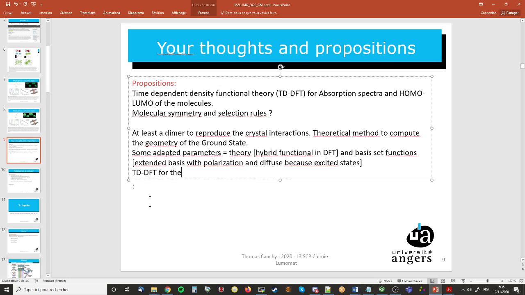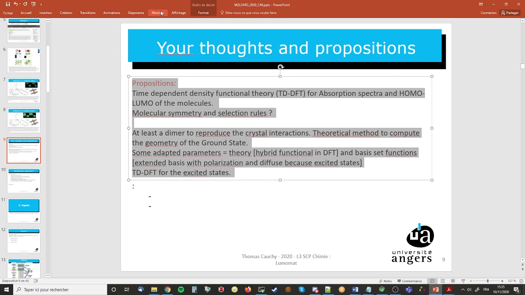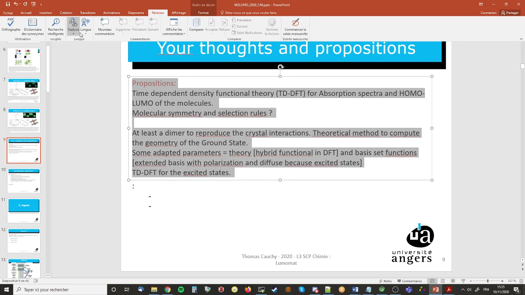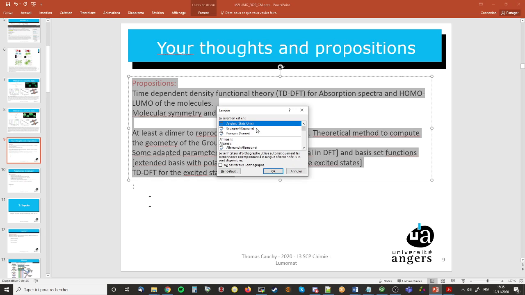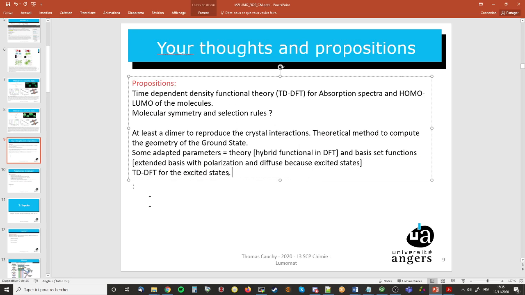Okay, and what do you have with the TD-DFT? It gives us the absorption spectra of the molecule, of the dimer first, I guess. Okay.